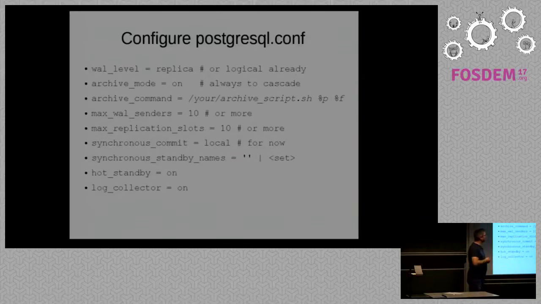Put a script name in there. Really put your archive script in there with %p, %f. That script could just do an exit 0 by now, but have it there, right?